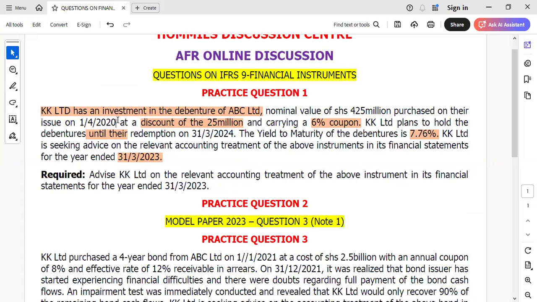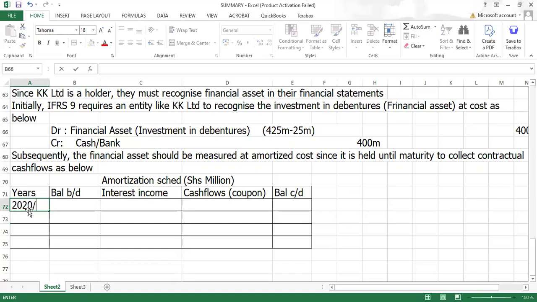So our first year will be 2020, 2021. Then here it will be 2021, 2022. Then 2022 to 2023. That's what you need. We have to report on 31st March 2023.